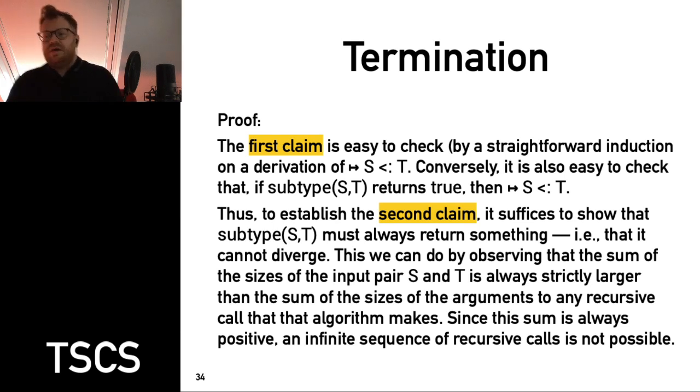And this is a classic way to show termination. So the input size is always larger than the sum of the size of the arguments to any recursive call. So it does not get any bigger and it does not stay the same. It shrinks continuously.